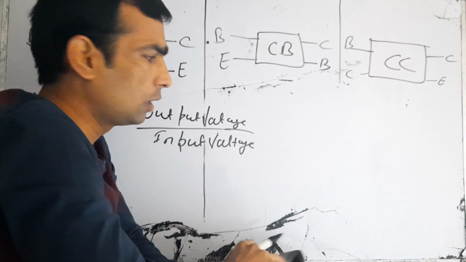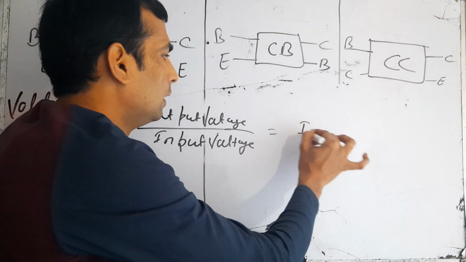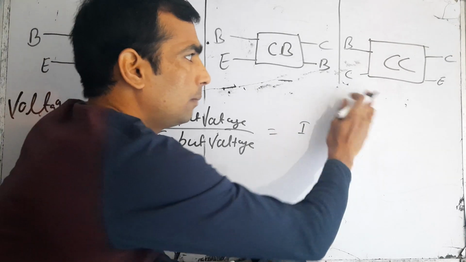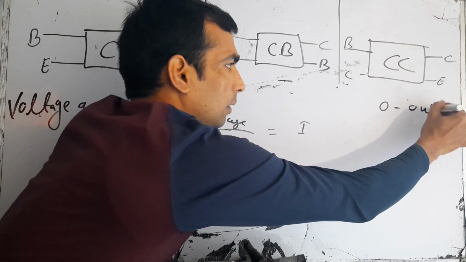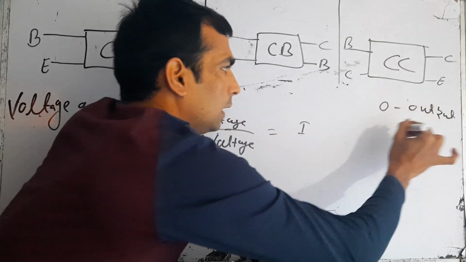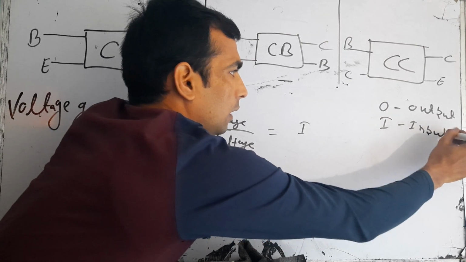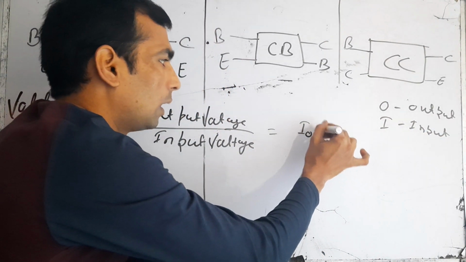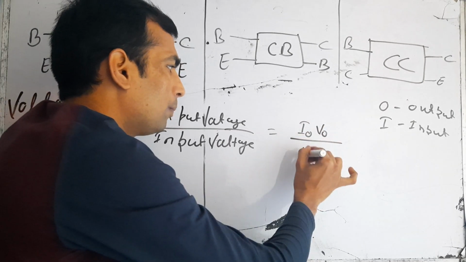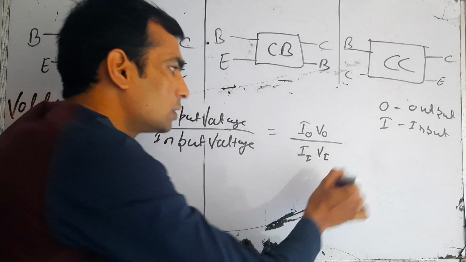I hope you have already written. Output I denote with an O symbol, and input with I. So this is I naught upon I into V naught, input current into input voltage.